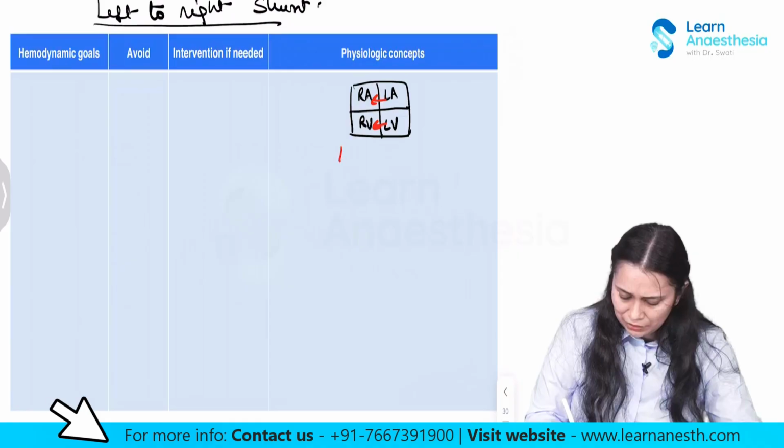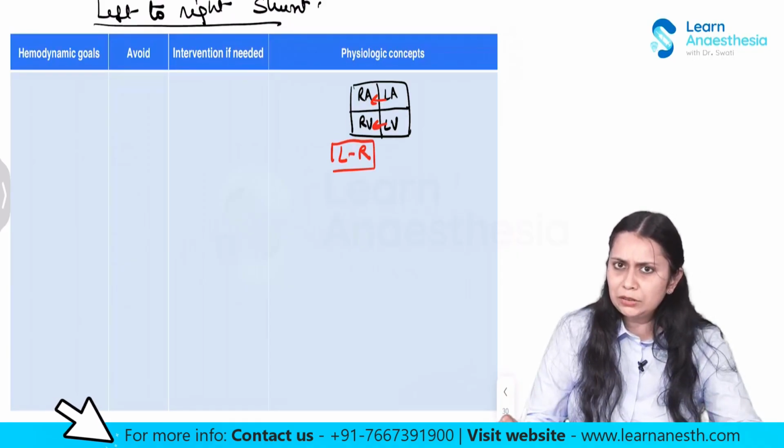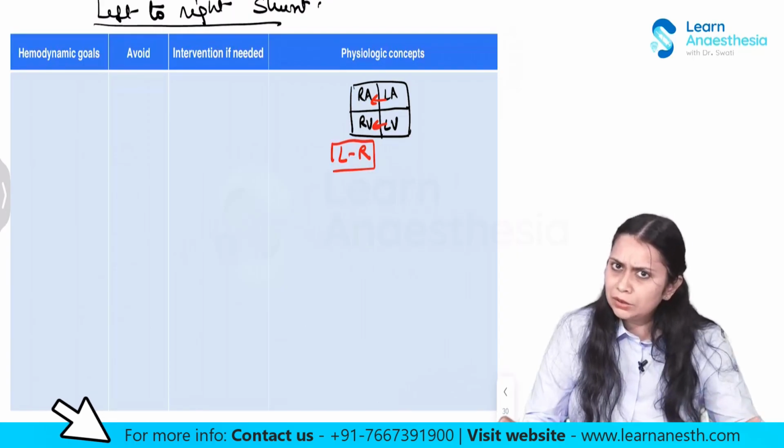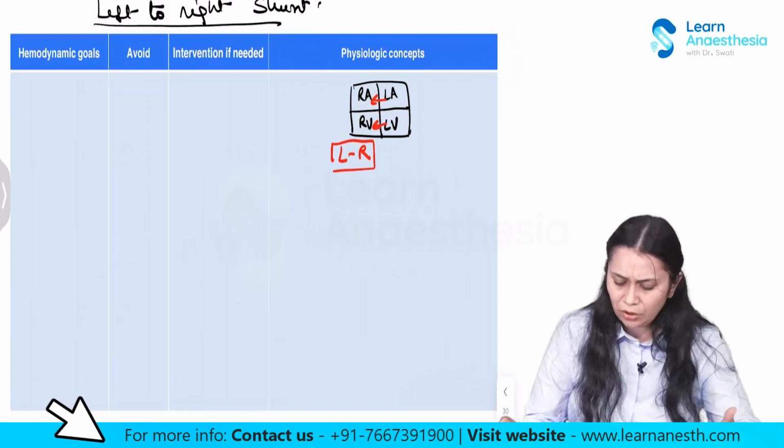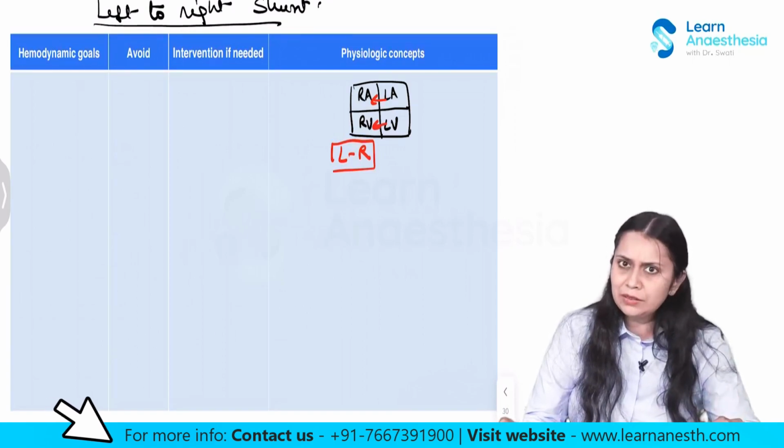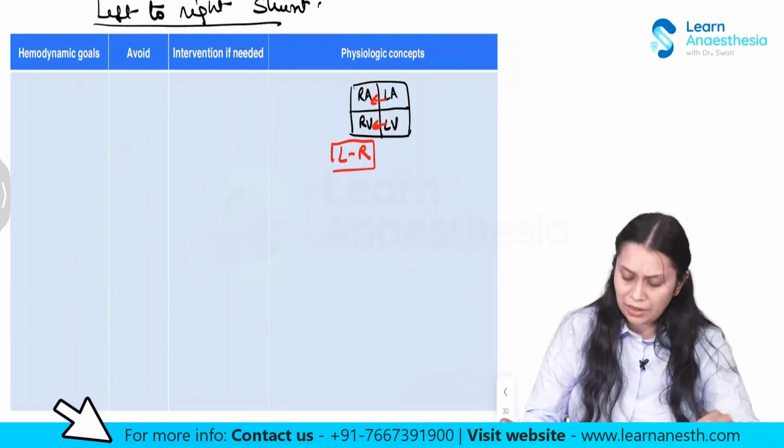So what happens in left to right shunt? Oxygenated blood is going into the right side. Mixing of oxygenated and deoxygenated blood is happening. So what should be our goal? We need to maintain or decrease the SVR.